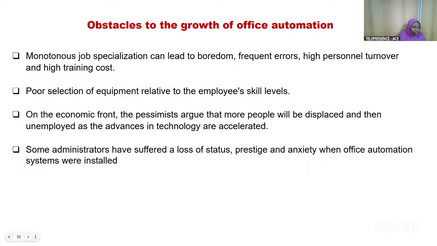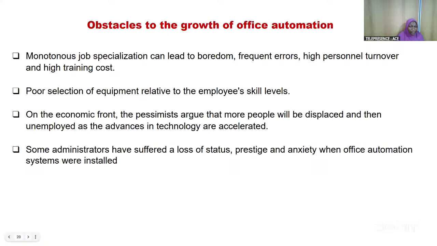The only thing you do every time is sit by the keyboard, typing this, typing that. Almost every day, you get bored because of the monotony. So this is a downside of office automation.